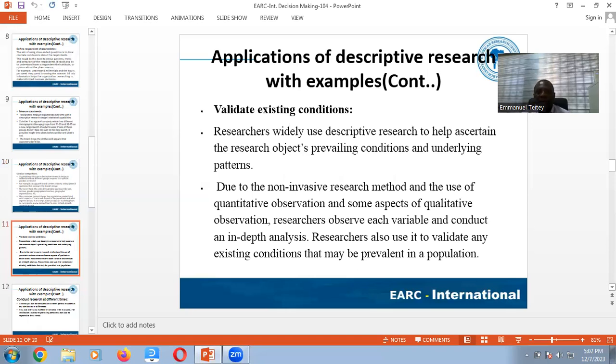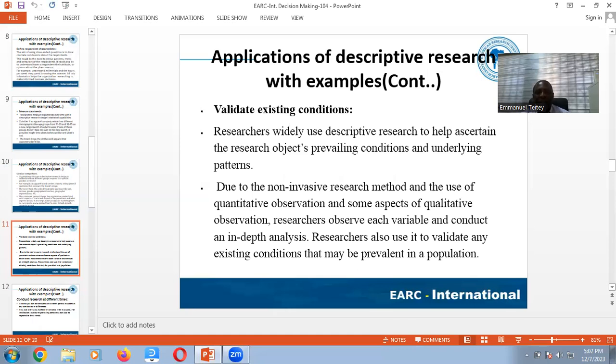Application of descriptive research examples continues. Validating existing condition. Researchers widely use descriptive research to help ascertain the research objective, prevailing condition, and underlying patterns.